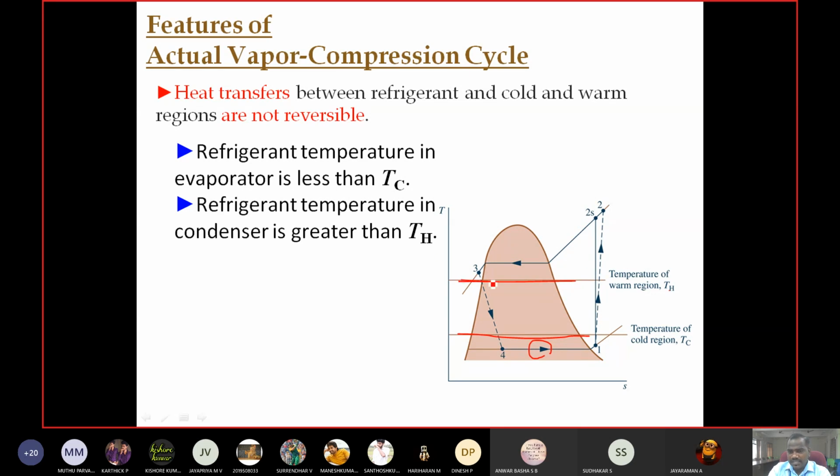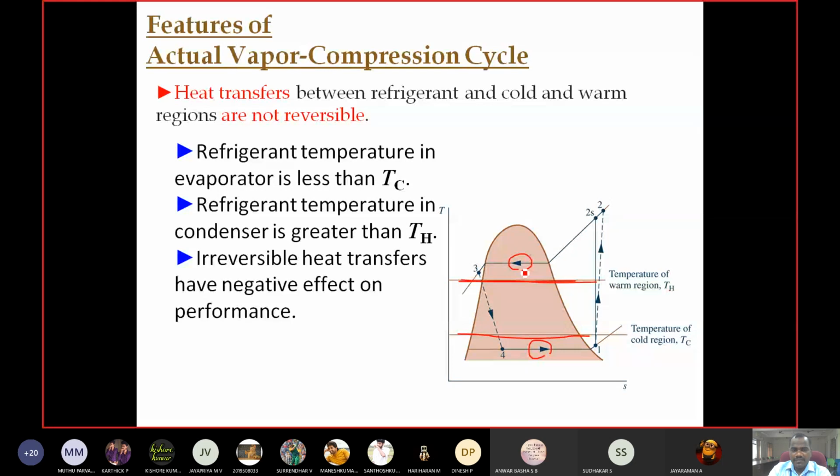So if this is the high temperature region, then the condenser will be in this place. So the temperature of the refrigerant is greater than this TH. And the irreversible heat transfer has a negative effect on the performance.